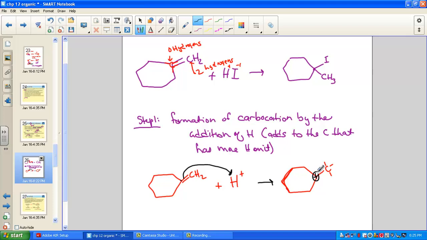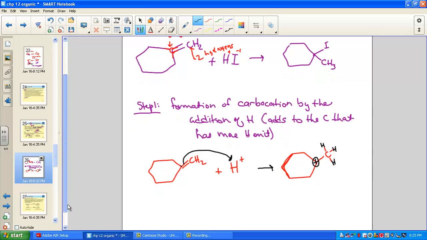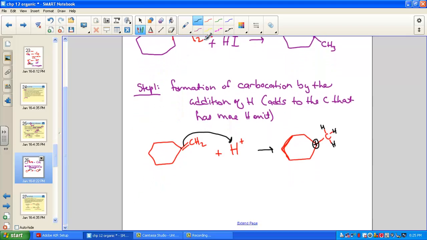Here's the positive charge, and we have our CH3 methyl group. CH2 becomes CH3. Break the bond by donating the electron pair to the hydrogen. That places the hydrogen onto the carbon with more hydrogen. Markovnikov's rule. Now what? We've completed step 1. We have a carbocation intermediate.